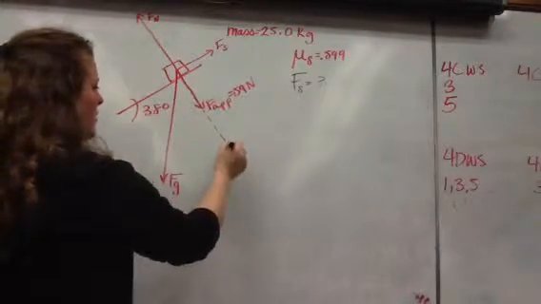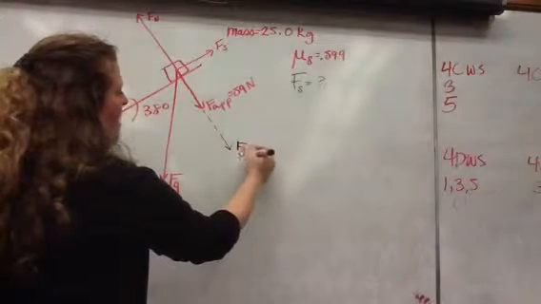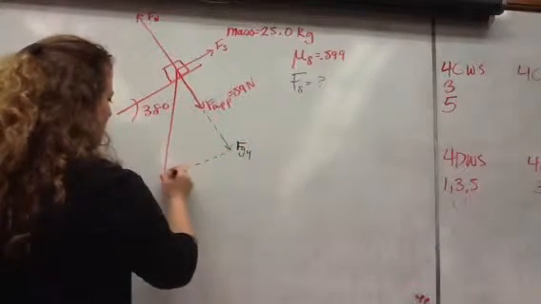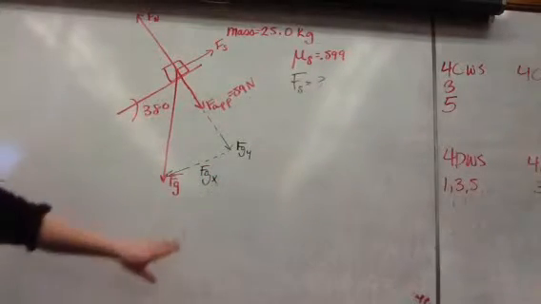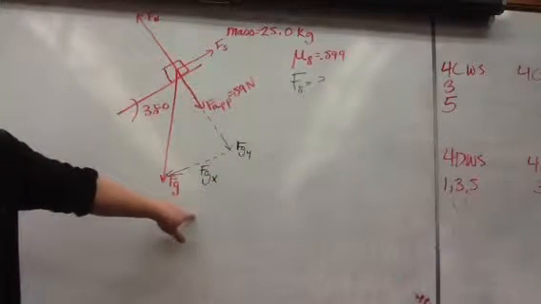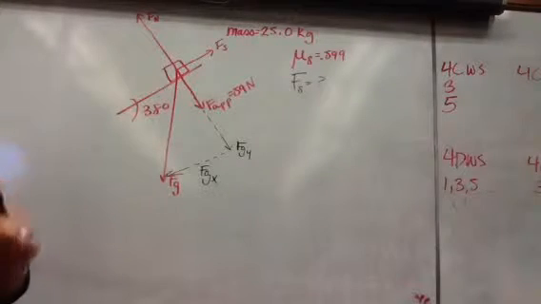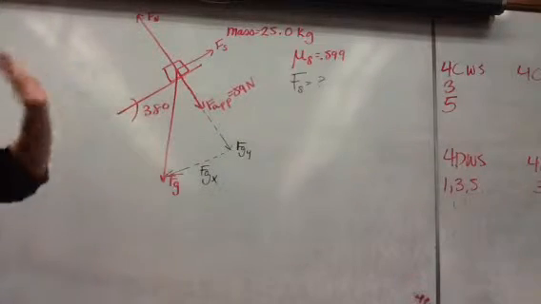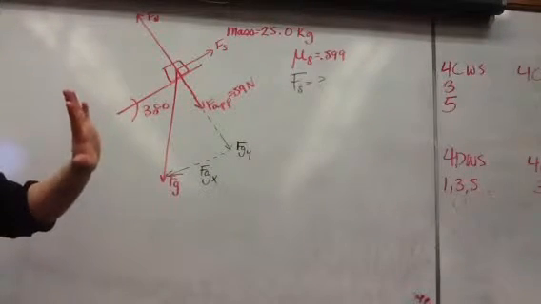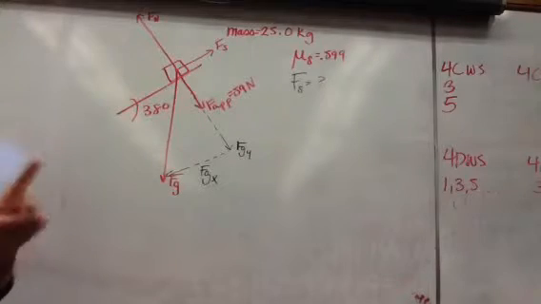We also, remember, have force of gravity on the y and force of gravity on the x. On these problems, I find it really useful to move the force of gravity on the x up. Because remember, you can move any vector as long as you move it perpendicular to itself.